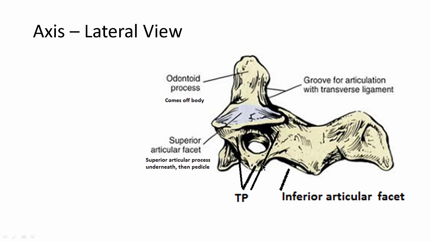The whole thing, the transverse process, is all of this because it has to contain the transverse foramen, and we went over that. Superior articular facet is here, right underneath it. Superior articular process, right underneath that is then the pedicle. Now we can see the odontoid process quite nicely, and I'll let Dr. Rosser go deeper than that if he wants, with the grooves, and there's facets and other things.